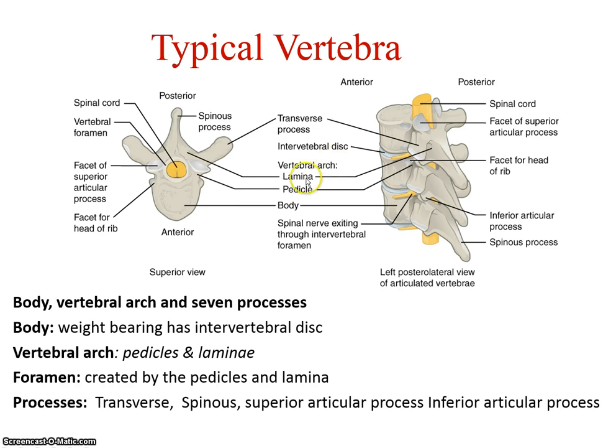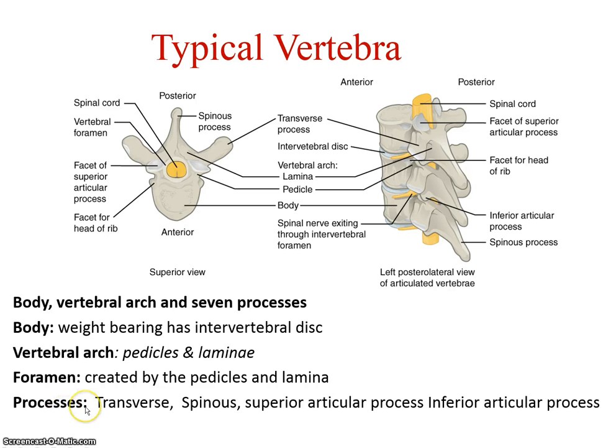It's hard to see in a two-dimensional figure, but it connects this pedicle, this little foot here, to the actual processes here. The foramen is created by these pedicles and lamina, right? So we get this whole structure because of that. But the foramen, again, allows the spinal cord to pass.